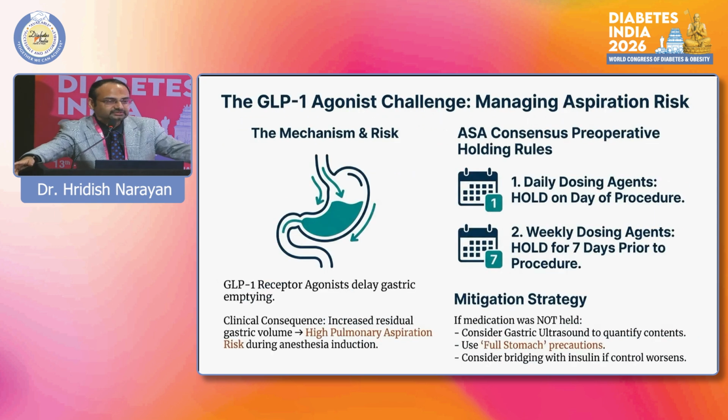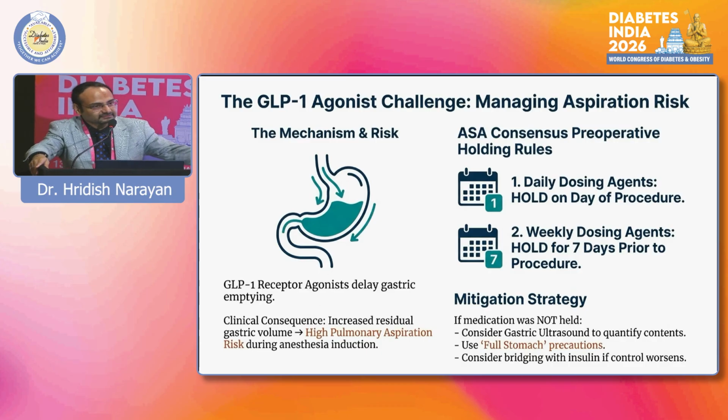GLP-1 is a boom now in the market, and for the next 5 to 10 years, maybe this is going to rule the roost. What new thing is coming up is that the aspiration aspect is a headache for anesthesiologists. Now you are giving not liraglutide, which is daily, but tirzepatide and semaglutide, which are given weekly. It's a long-acting drug, so the best thing is to withhold the medicine at least 7 days prior.